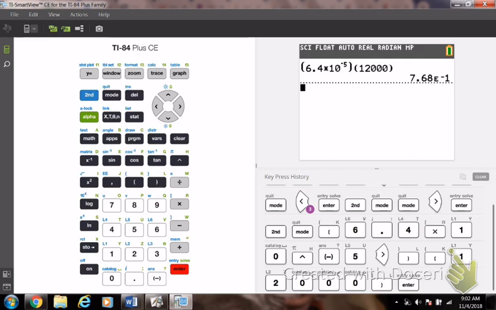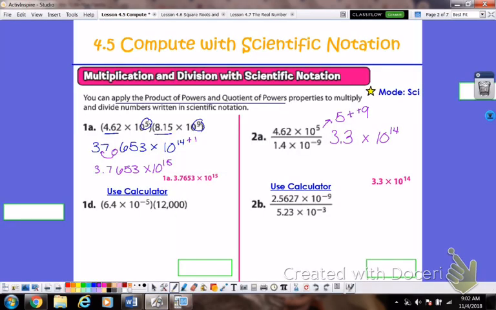So we get 7.68 E negative 1. This E here, that stands for scientific notation. So anytime you see that E, think of it as that times 10 part. So answer using your calculator, 7.68 times 10 negative 1.